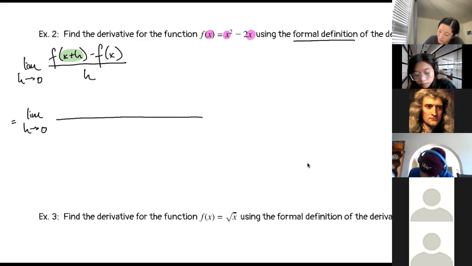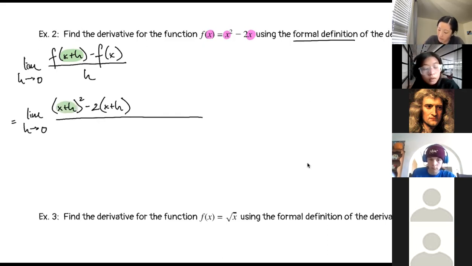Instead of f of x plus h, I'm going to write x plus h squared minus 2 times x plus h. Okay, so instead of x squared, I have x plus h squared. Instead of 2x, I have 2 times x plus h. Okay, so that's my f of x plus h.